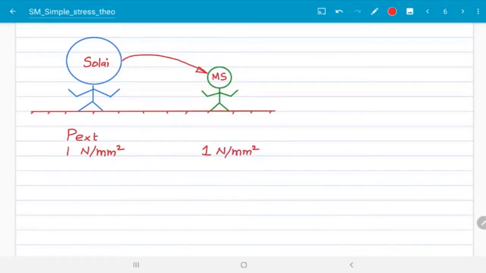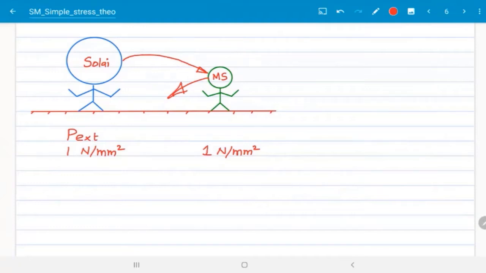Why? If he offers less than 1, for example 0.9 Newton per mm square, what will happen? He will fall to this side. Suppose he offers more internal resistance, 2 Newton per mm square. He will fall to the other side. But the body wants to be in equilibrium.